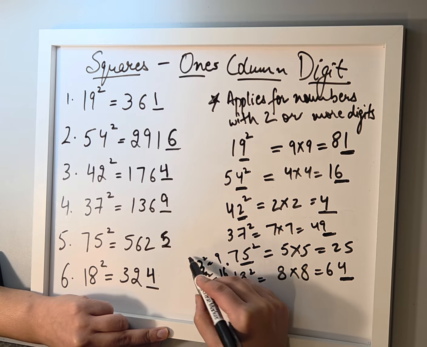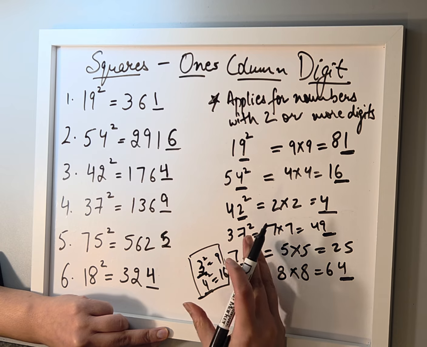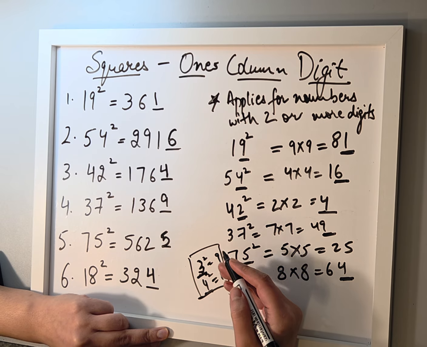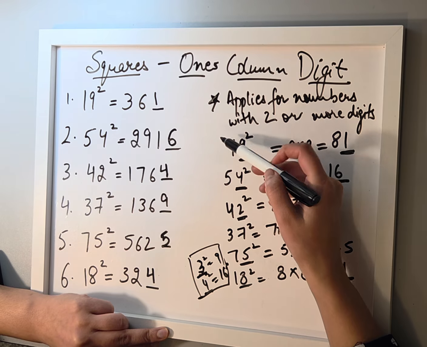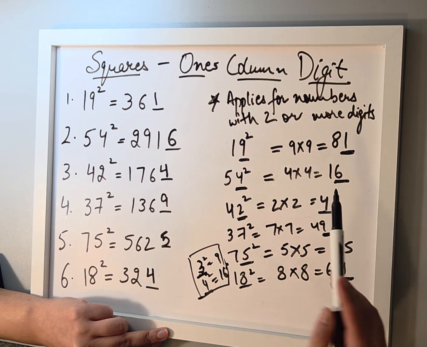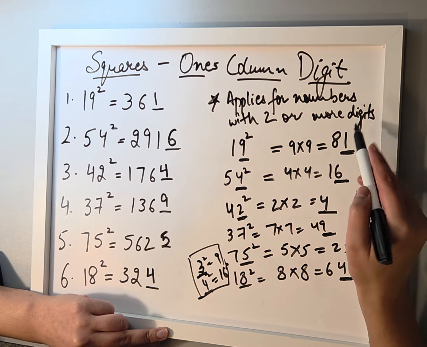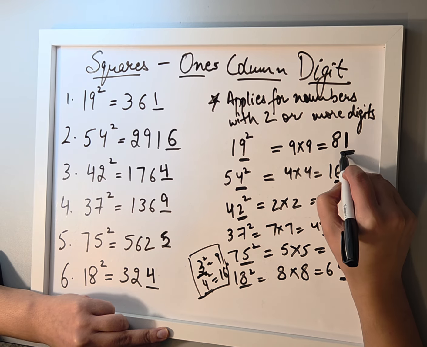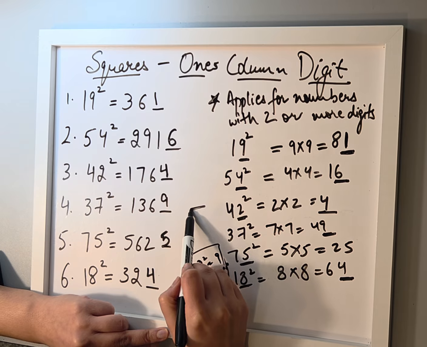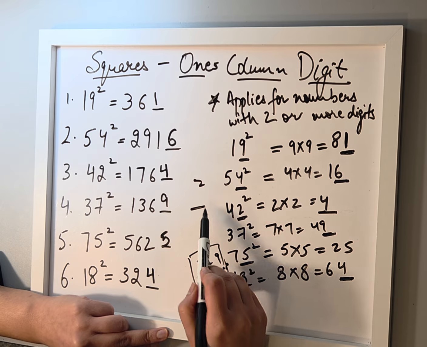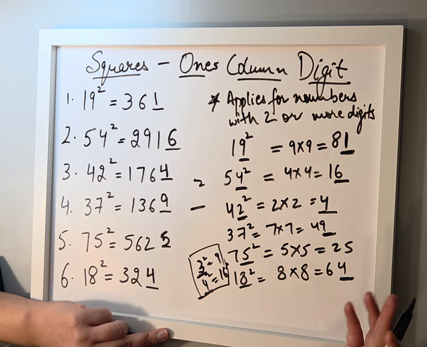This rule doesn't apply to it. We just square it, and that is the answer in terms of single digits. Only in terms of double digits or more than that, we will have a bigger number and we might have to identify the unit digit. But in single digits it's just one digit, so the square of that will be the answer itself.